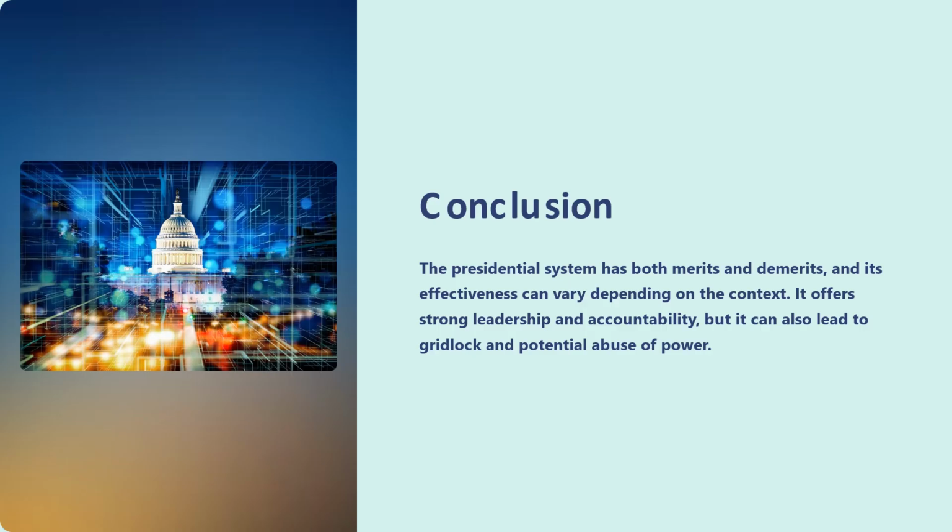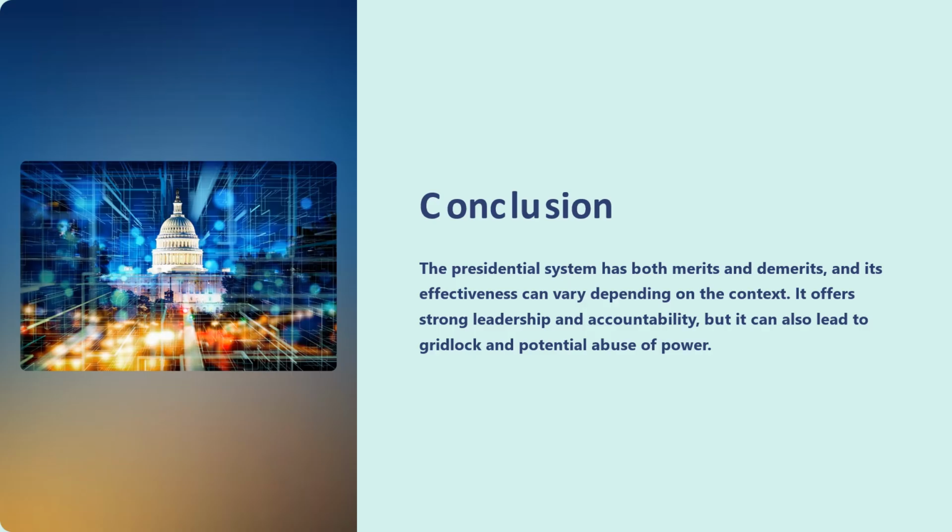Conclusion. The presidential system has both merits and demerits, and its effectiveness can vary depending on the context. It offers strong leadership and accountability, but it can also lead to gridlock and potential abuse of power.